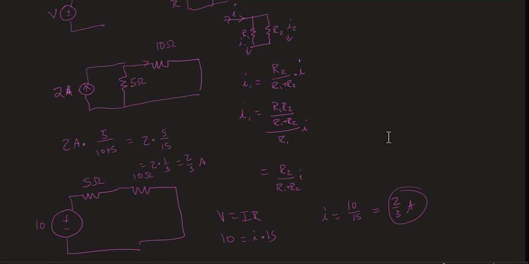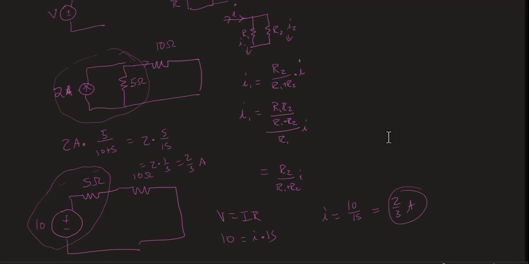So what source transformation does is it allows me to change the part of the circuit that I'm not looking at, and it behaves the same way. Well, why does it behave the same way? It behaves the same way because what's happening with this 10 volt source and 5 ohm resistor is it produces the same effect as having the 2 amp current source and the 5 ohm resistor.